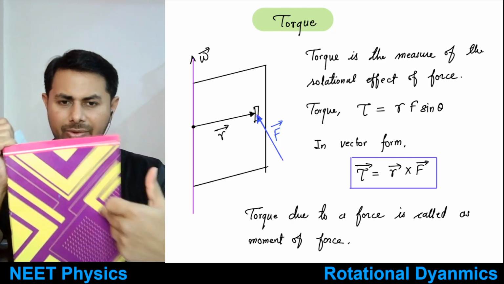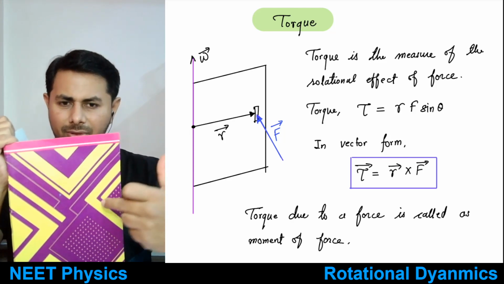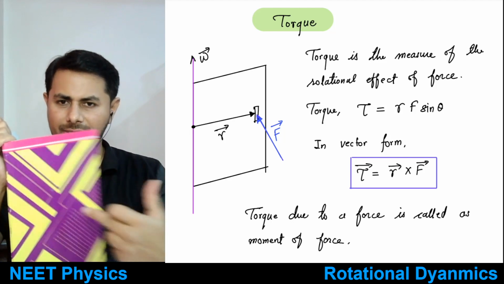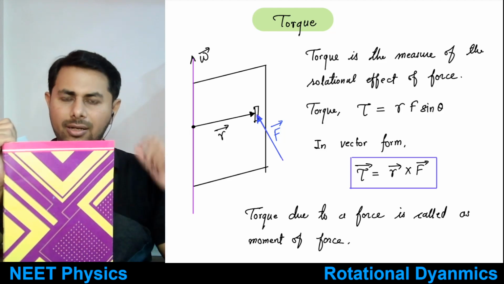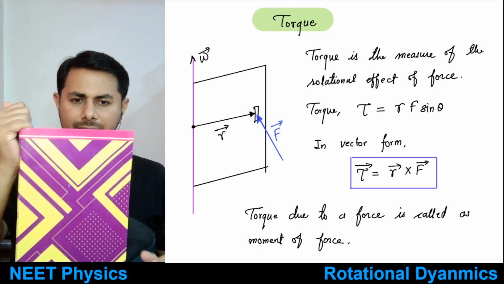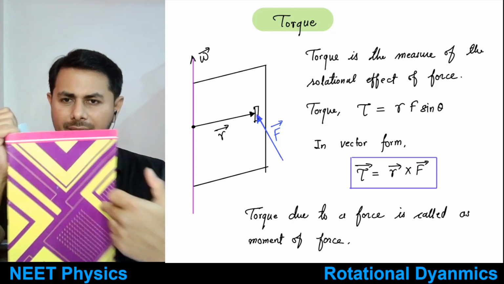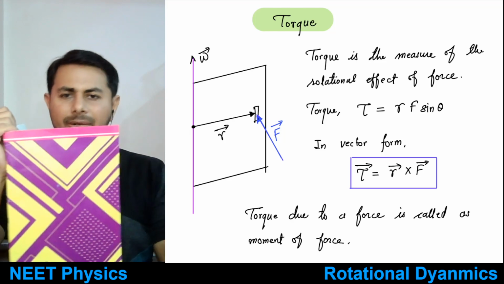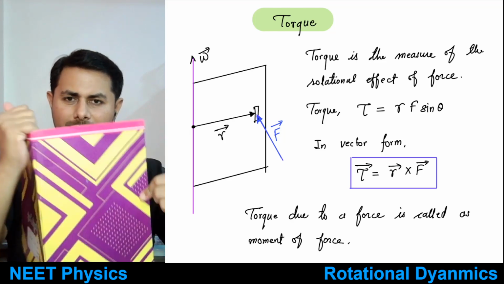Then F is the force that you apply. The more force is applied, the more will be the rotational effect. And then theta is the angle at which you apply it. I am applying it perpendicular to R, then it rotates very easily. If I apply it parallel to R, is it rotating?